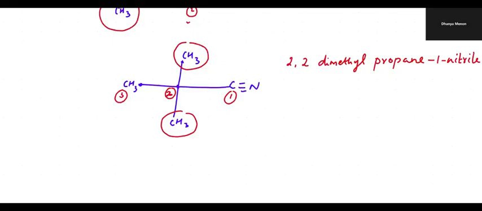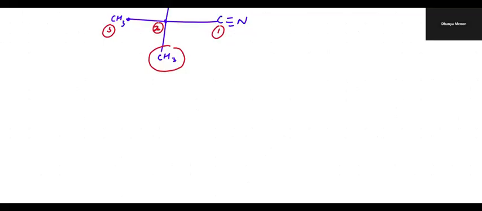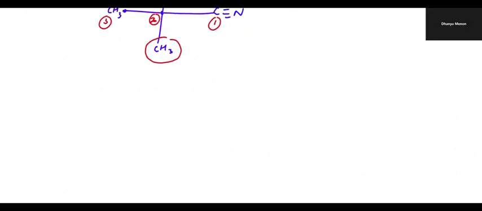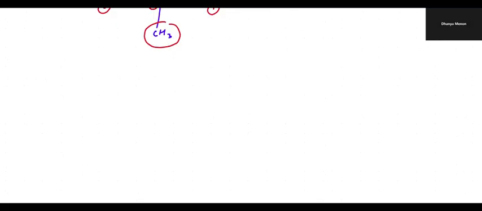Now, coming to the next question. So these are just some easy ones. You know how to number it, etc. We have done the rules in so many previous videos. Suppose you have another compound, CH2, C triple bond N, and you have a cyclic compound attached.